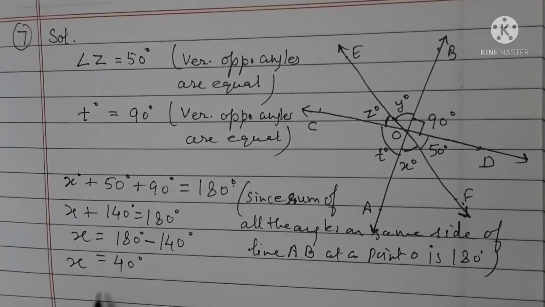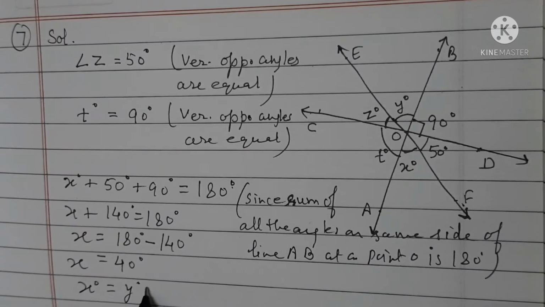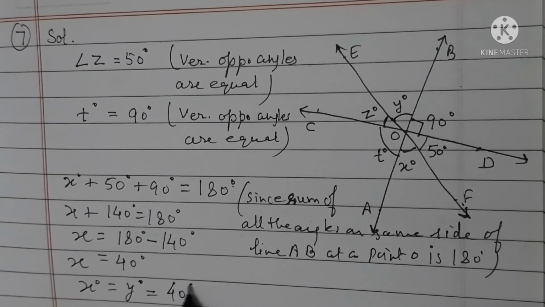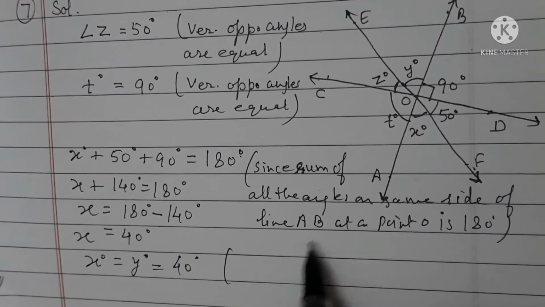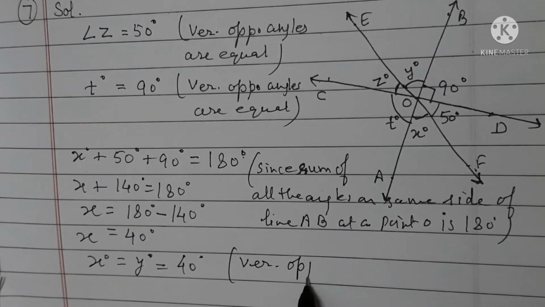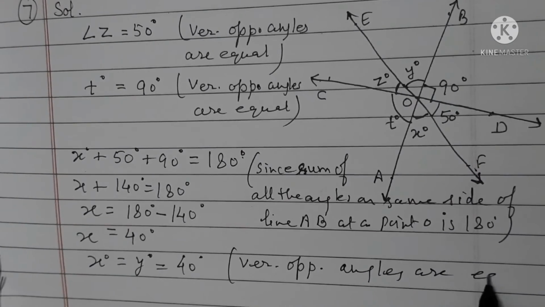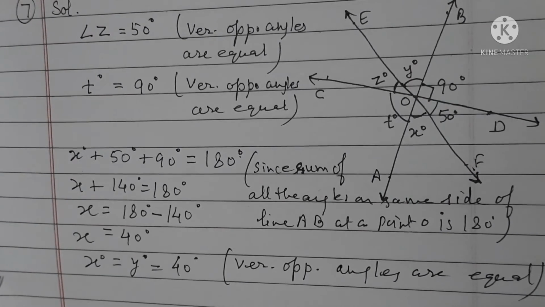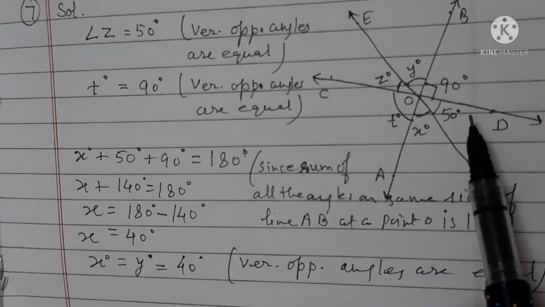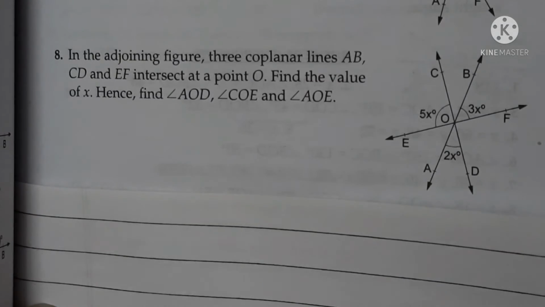So you can write here X degrees is equal to Y degrees, which is 40 degrees, and the reason is vertically opposite angles are equal. So all the angles you can find and give the reason. Next question, now question number 8.